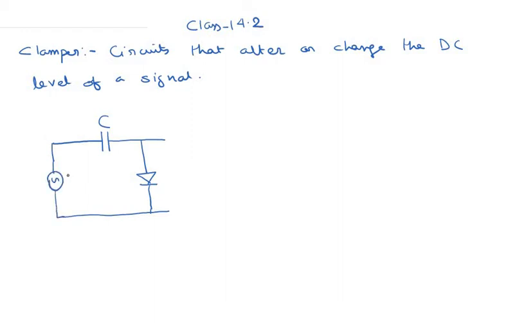Let us call it VAC, and we are basically taking the output voltage from these two probes. So this is basically our output voltage V0, and at the input we are applying a sinusoidal signal. Okay, so this VAC is a sinusoidal signal source.